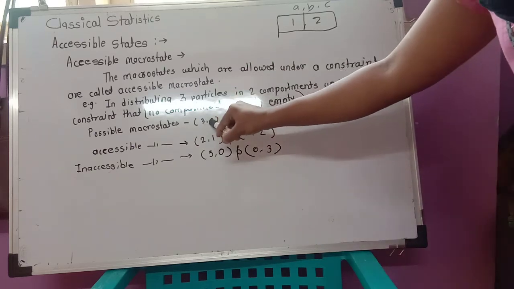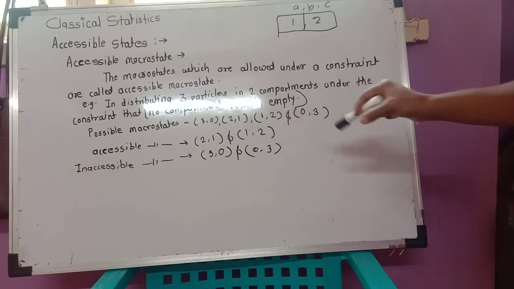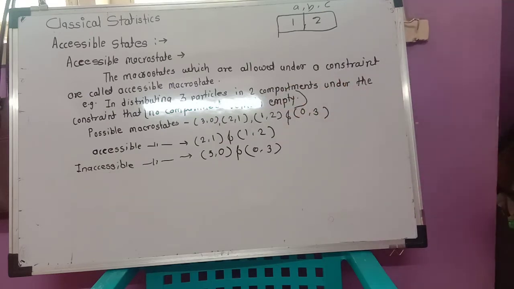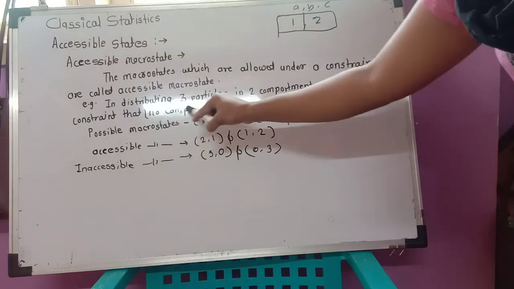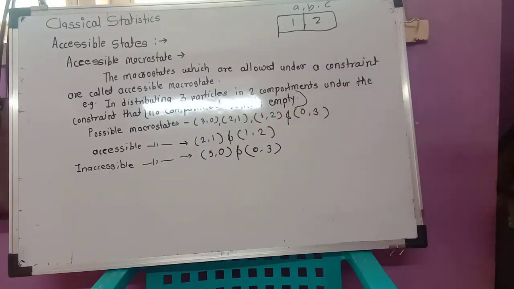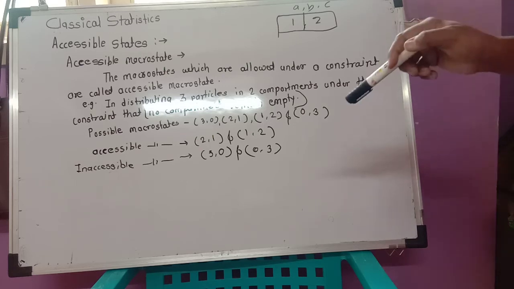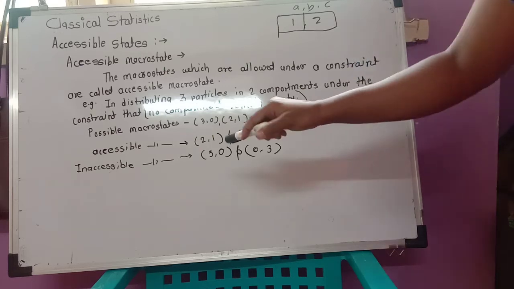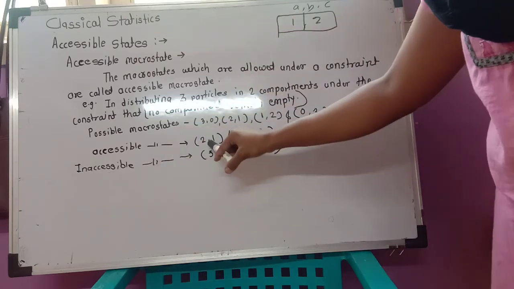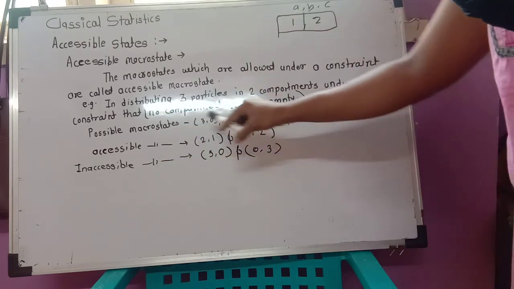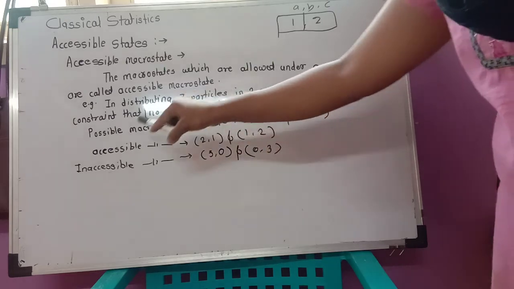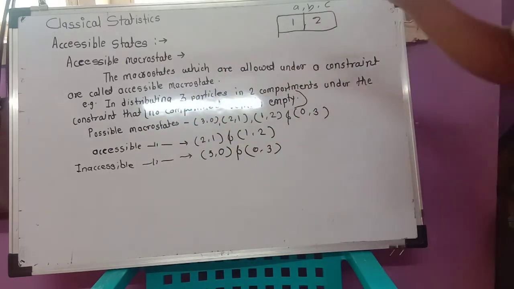So 3 0 and 0 3 are not allowed under the constraint that no compartment remains empty. Only two microstates are allowed, or two accessible states, 2 1 and 1 2. These two distributions are called the accessible microstates.